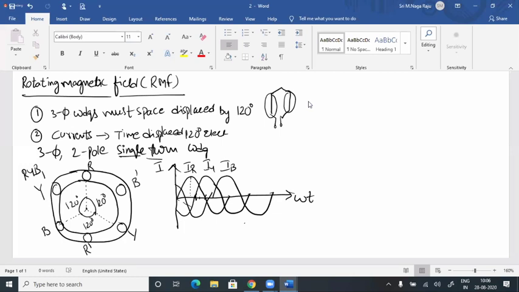These currents have to be passed through these three-phase windings. Then the rotating magnetic field is produced. We will analyze how now. I'll draw again.